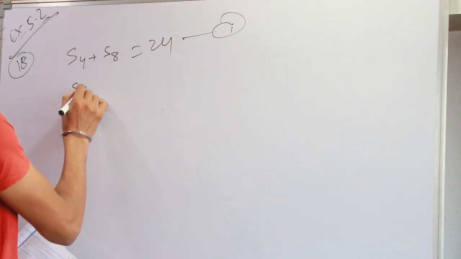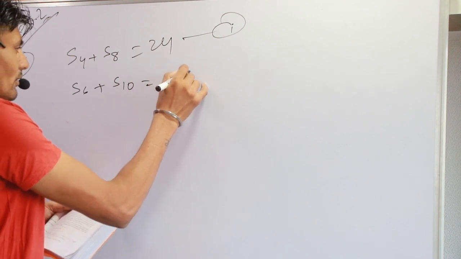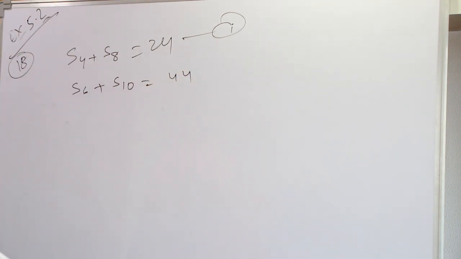And the sum of the 6th and the 10th term of an AP is 44, so S6 plus S10 is equal to 44. Now we have to write the equation.